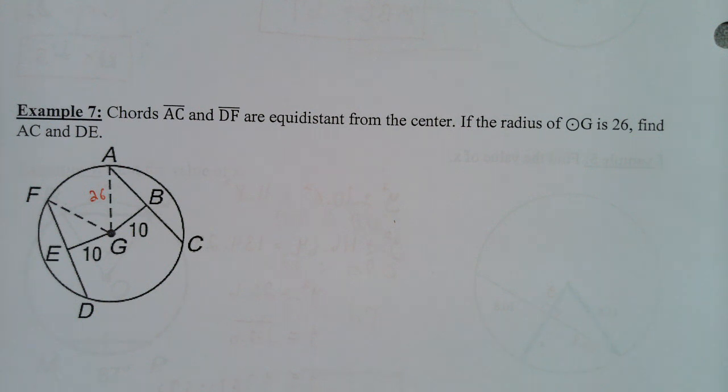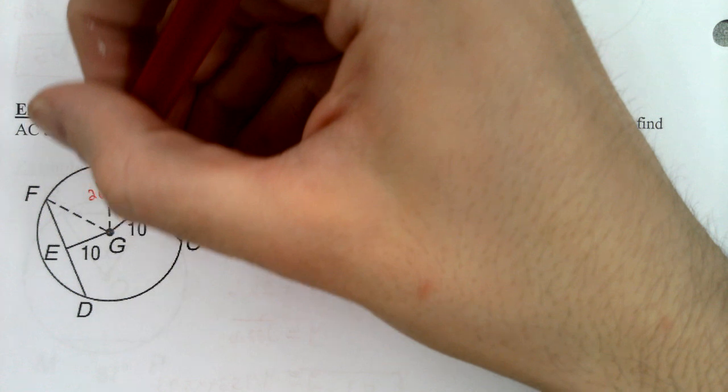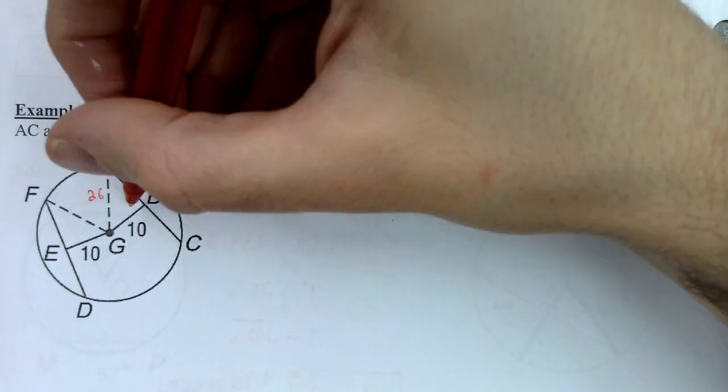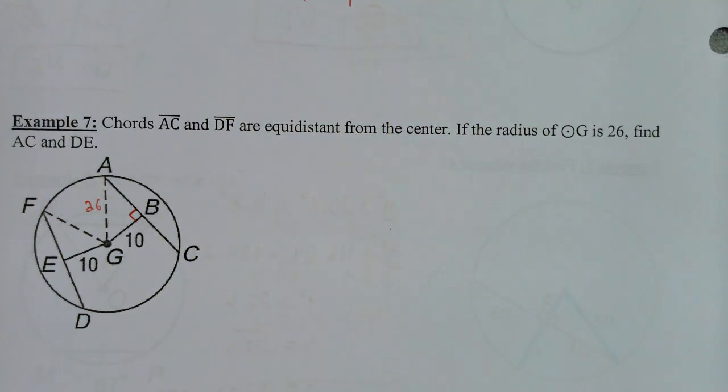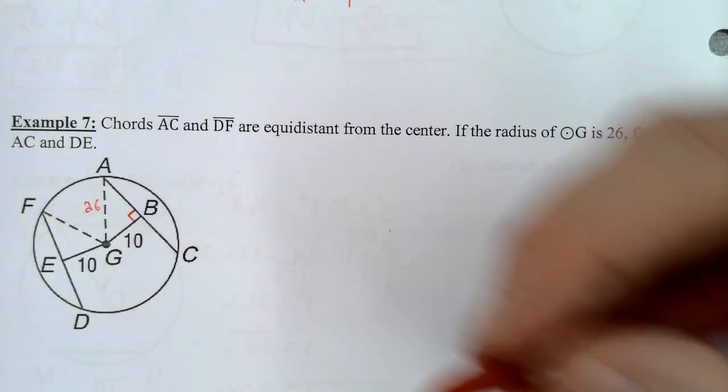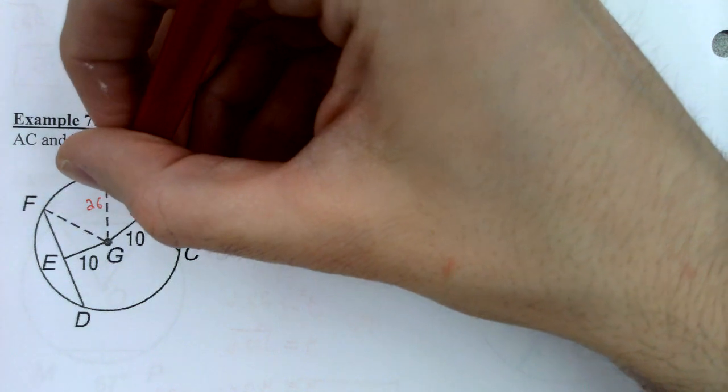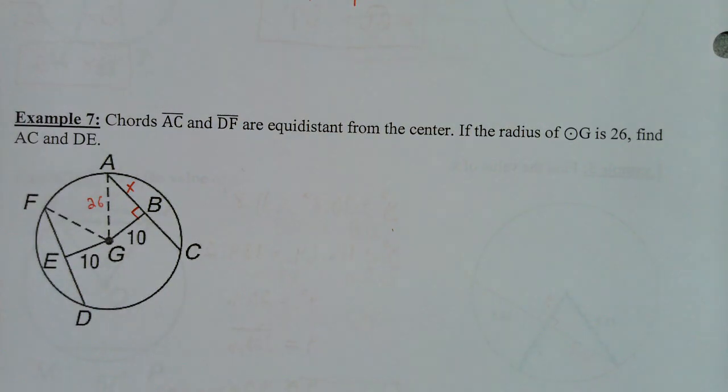Okay, so here's what we're going to do. And if you look, these triangles are drawn in so that we have a right angle right here. So they were drawn in that way, okay? So that's a right angle right there. I'm going to call this X, and I'm going to solve for X using the Pythagorean theorem.